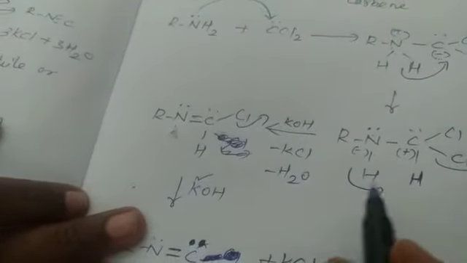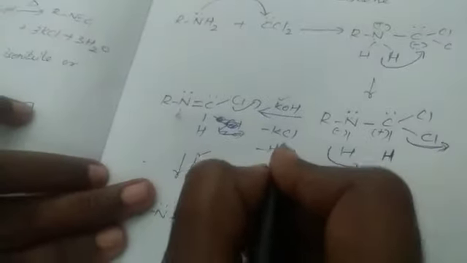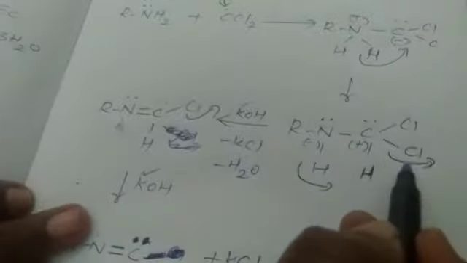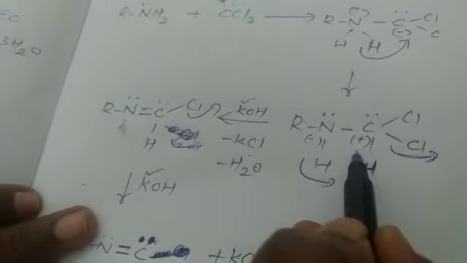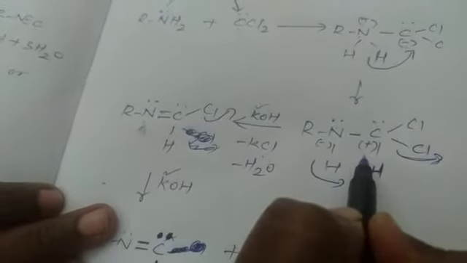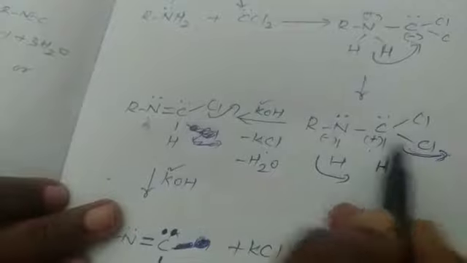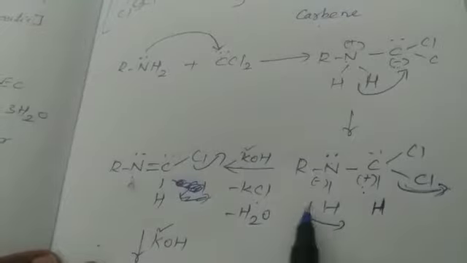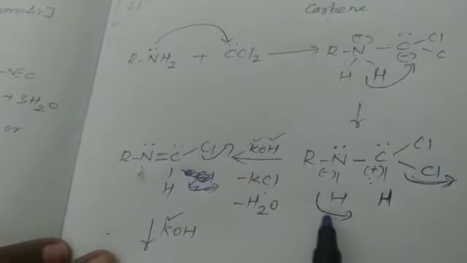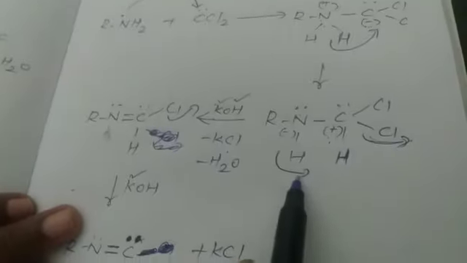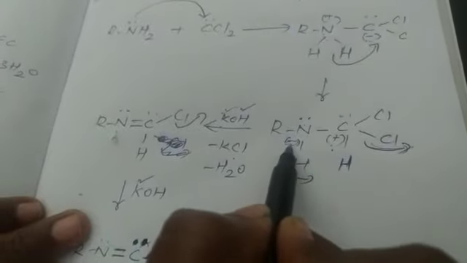So initially, this Cl minus and this K plus will be removed as KCl. If there is any Cl minus removal, then it will have a positive charge here. Cl minus is removed with this potassium, so it will have a positive charge here. Then if there is the removal of H plus here, H plus and then this OH, if it is removed as H plus, again it will have a negative charge here.